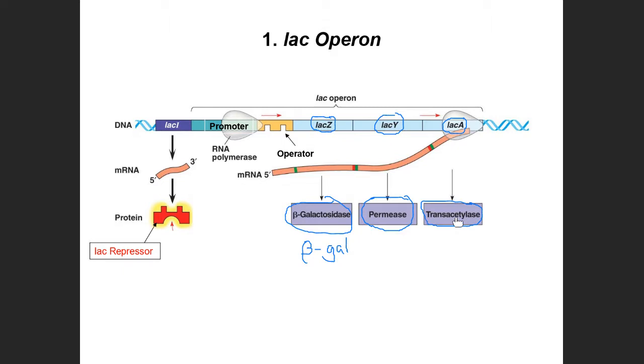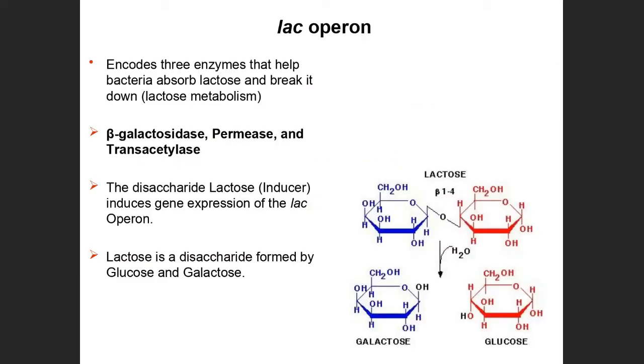All three of these active protein enzymes exist at the tertiary level of protein structure. So LacZ codes for beta-galactosidase, LacY, permease, LacA, transacetylase. All three end in -ase. All three are involved in the same cellular function: the metabolism of lactose.